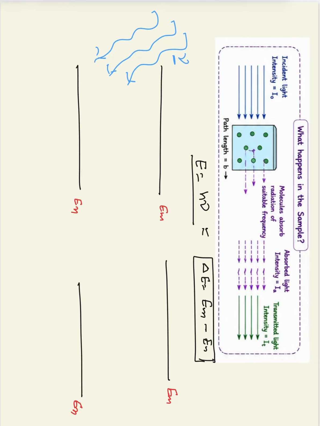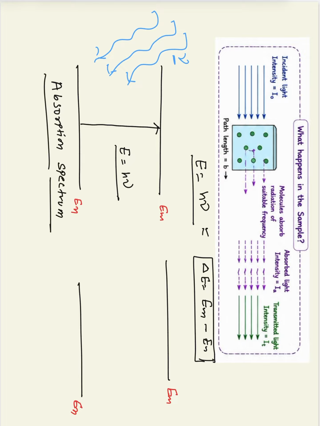Then, between the two molecular energy levels, the molecule undergoes a transition from the lower energy level to the excited, higher energy level with the absorption of a photon of energy h nu. The spectrum obtained shows as an absorption spectrum.